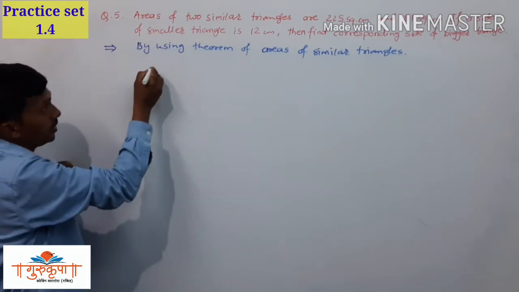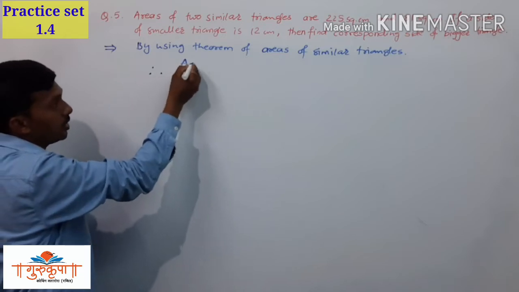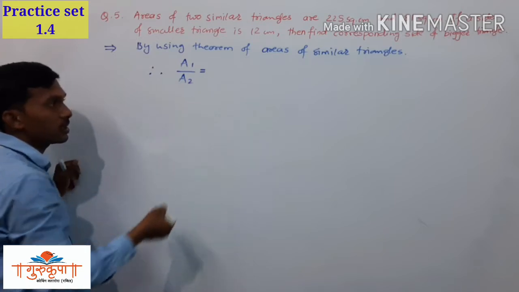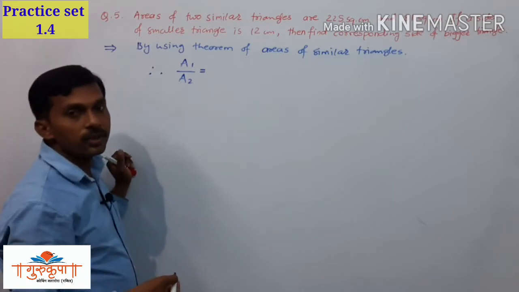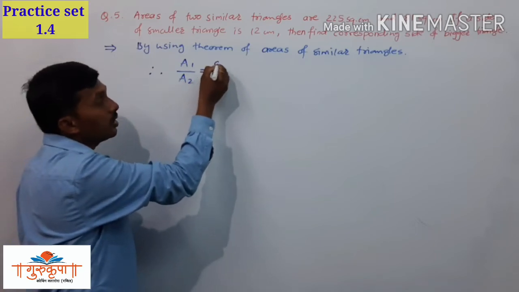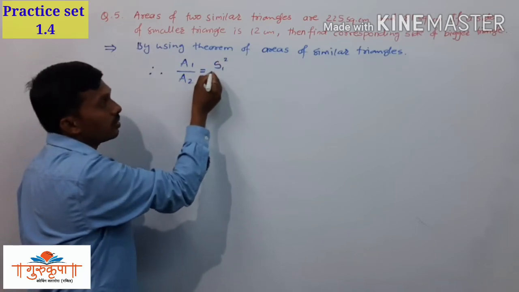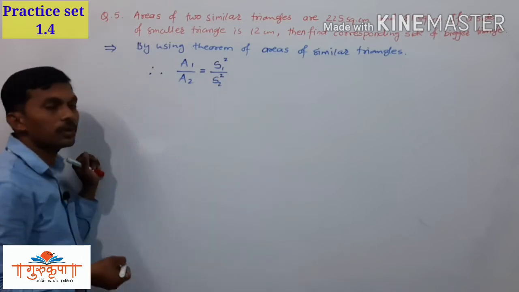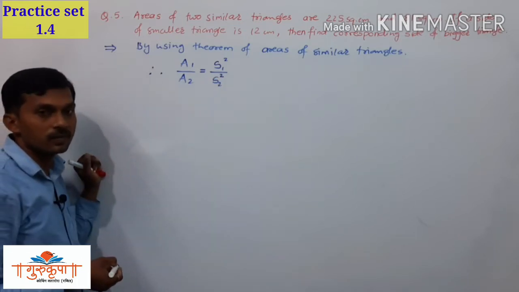Now we can write the statement as A1 upon A2, the ratio of the areas of two similar triangles, is equal to the ratio of the squares of their corresponding sides, that is S1 square upon S2 square.